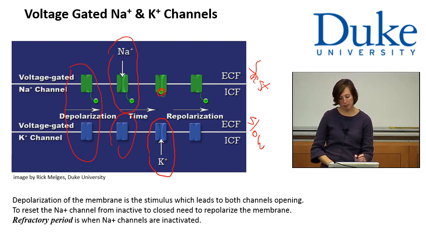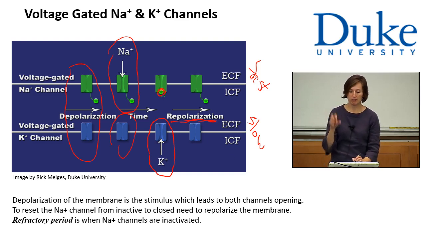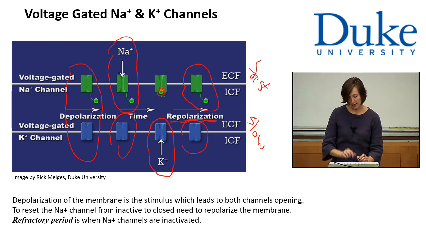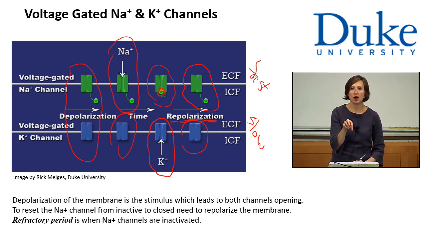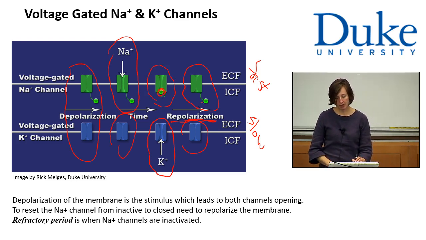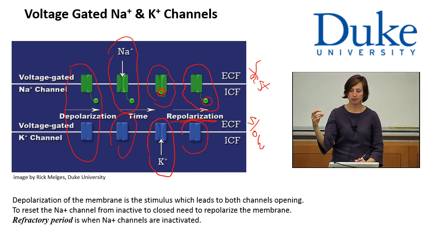And it's that repolarization of the cell that then causes the closing of both the potassium channel and the sodium channel. Now, we know it was in the inactivated state, and it wasn't moving sodium ions then, but now since it's in the closed state, it can at least be opened with another change in the voltage.